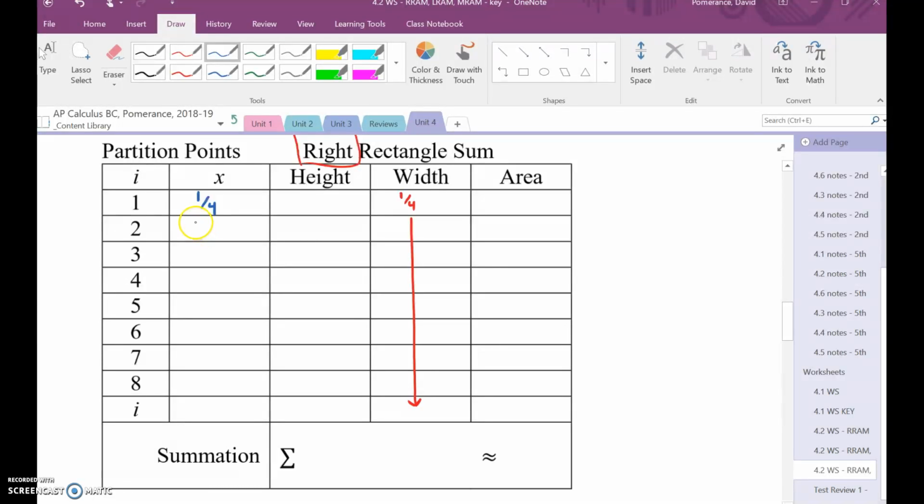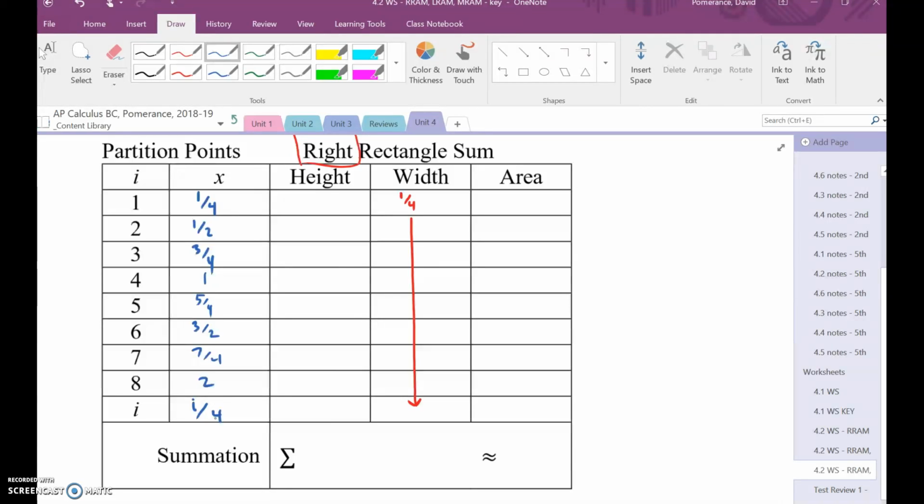So we're going to add and get 2/4 and 3/4 and 4/4, 5/4, 6/4, 7/4, 8/4. And when you think about it in unreduced forms, that makes it easier to determine that the ith x value is just i over 4. No matter what i is, if we just divide that by 4, we get our x value for this particular problem.